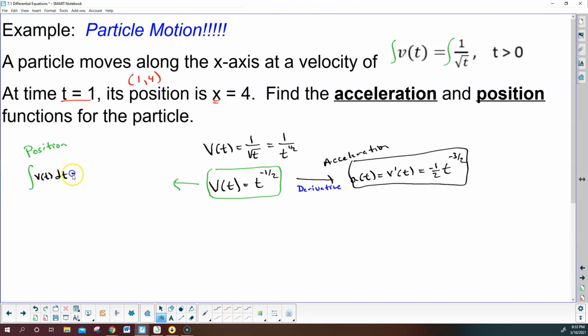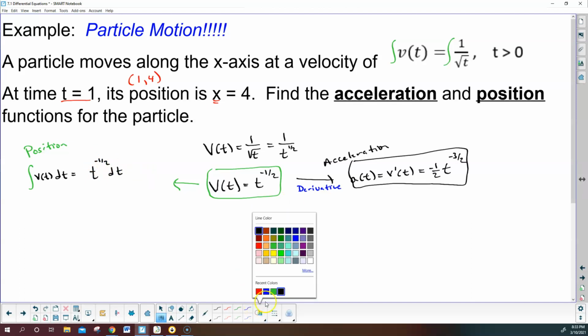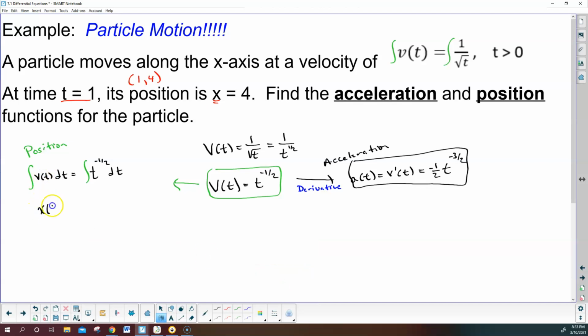And officially there'd be a dt there. So now we know that the integral of velocity is position, which we write as x of t.